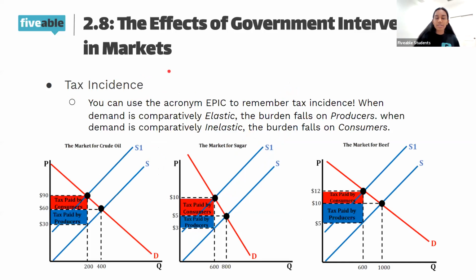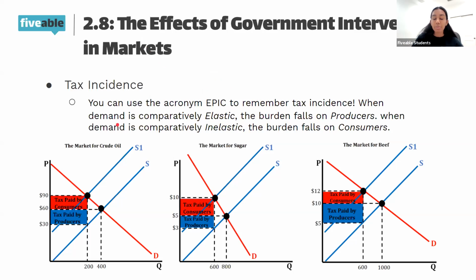So tax incidence basically is talking about whether consumers are carrying more of the tax or producers are carrying more of the tax, because taxes actually impact both consumers and producers. To remember the rules for tax incidence, I like to use the acronym EPIC.